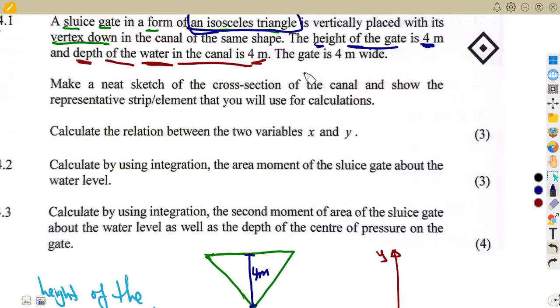It is a normal condition that you're gonna consider like that. And we are given that the gate is 4 meters wide. This is how wide the gate is. This is our gate. So they are saying it is 4 meters from this point up to this point. It is 4 meters wide. This is high, 4 meters high. To be wide is the width. All right.